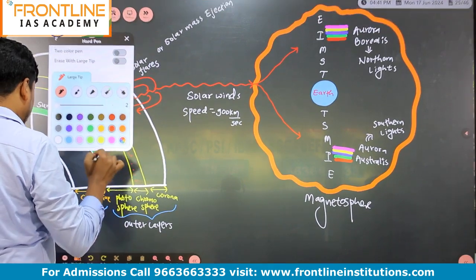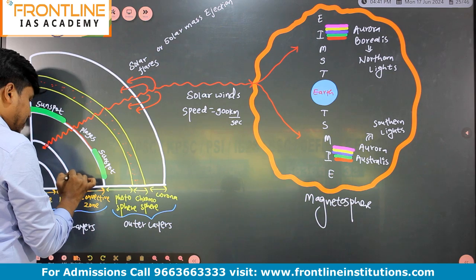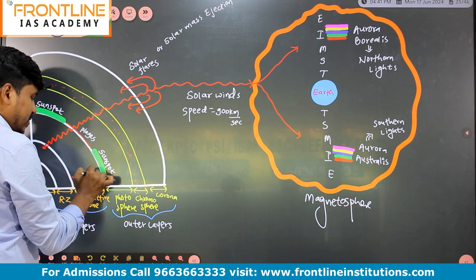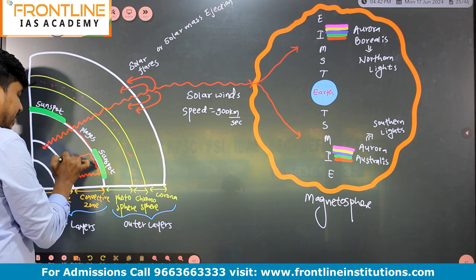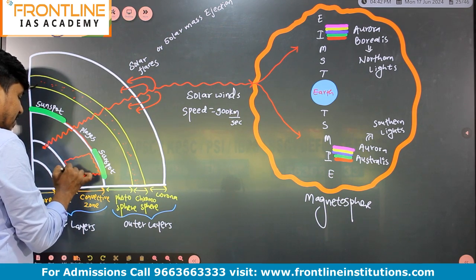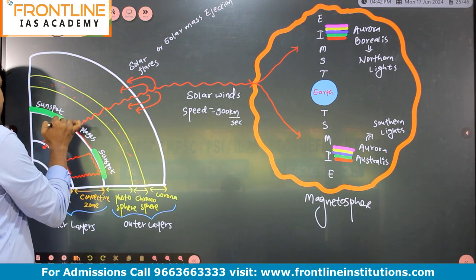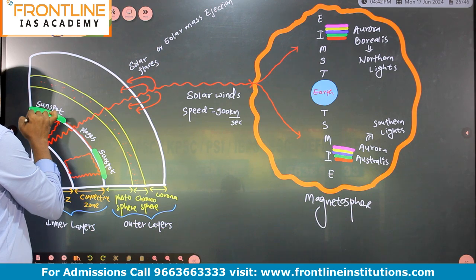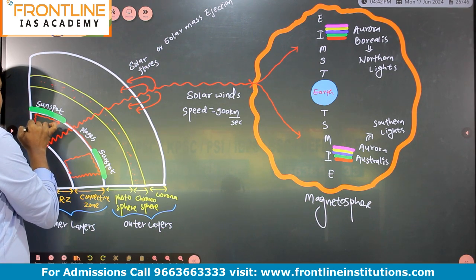Because of the strong magnetic field, suppose this is the sunlight radiation, this radiation will reflect back and circulate. And here also the radiation reflects and completes the circulation.